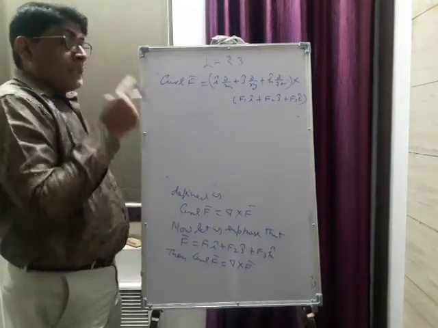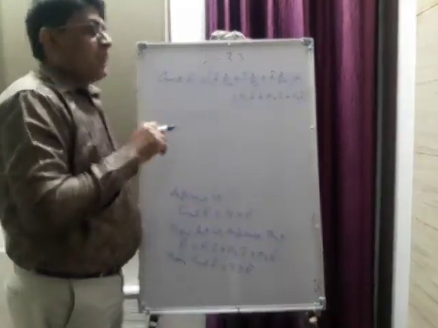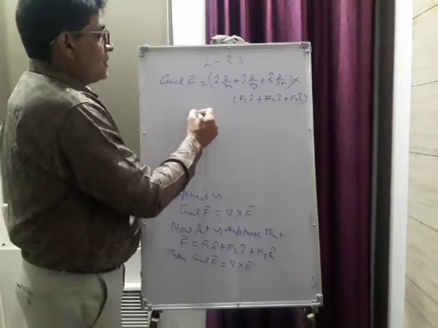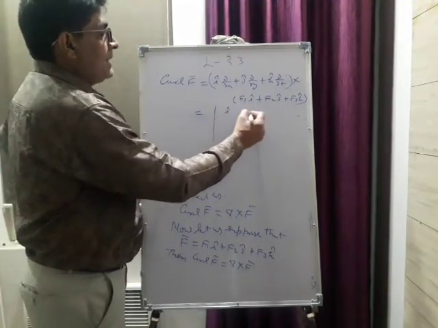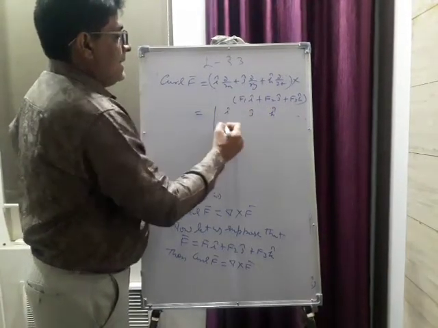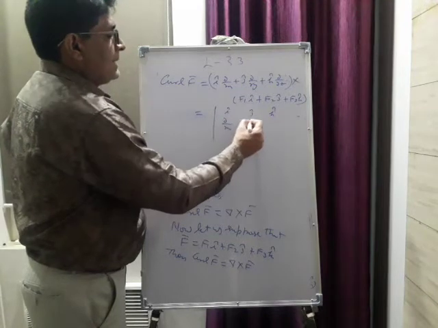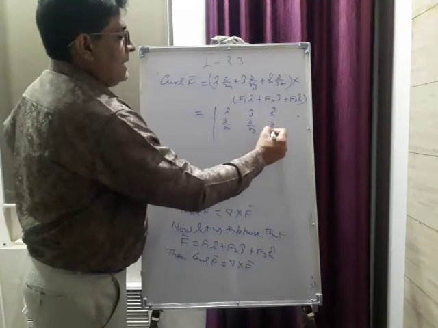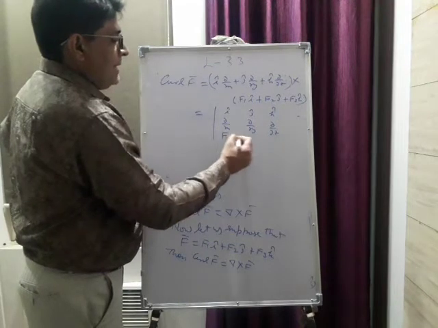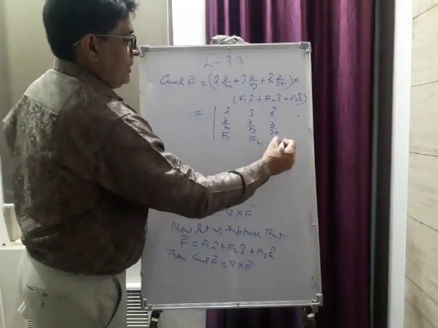Now the cross product of two vectors is equal to the determinant of i, j, k, del over del x, del over del y, del over del z, f1, f2, f3.